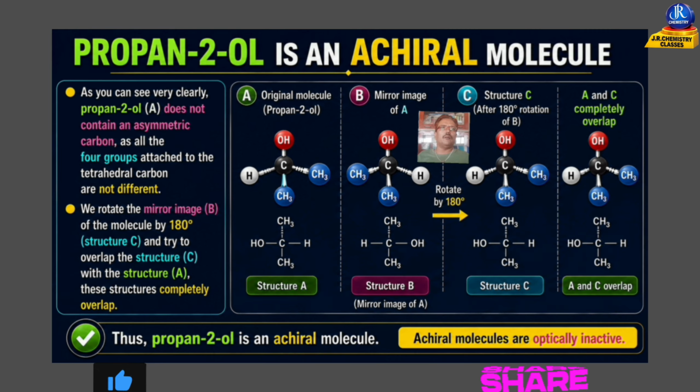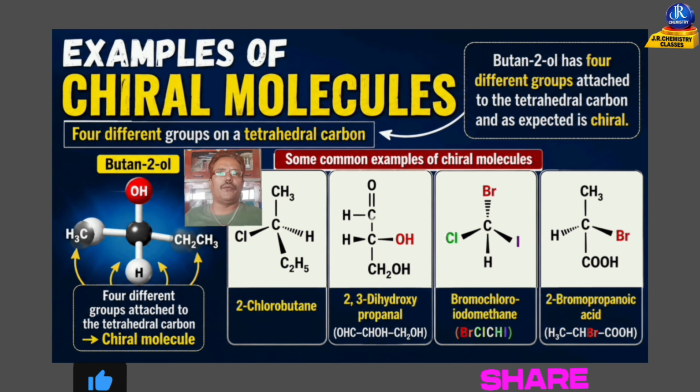We rotate the mirror image B of the molecule by 180 degrees. Structure C is obtained and we try to overlap structure C with structure A. These structures completely overlap. Thus, propan-2-ol is an achiral molecule. Butan-2-ol has four different groups attached to the tetrahedral carbon and, as expected, is chiral.